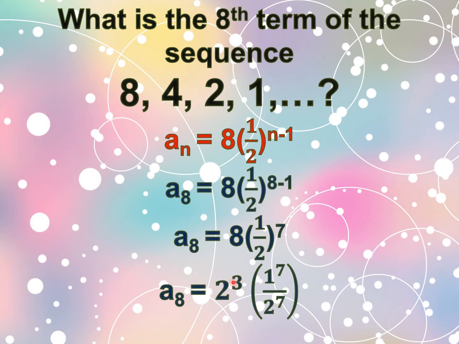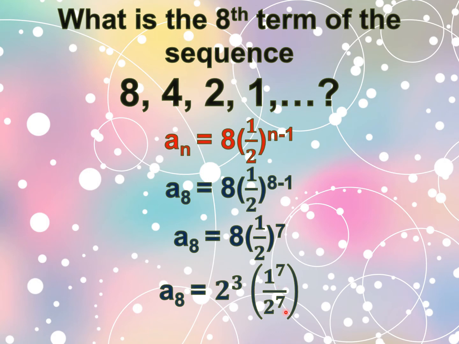Yung 2 raised to 3 ay nanggaling sa 8. Kapag ginawa nating exponential form ang 8, magiging 2 raised to 3 siya. Dahil kapag minultiply mo ang 2 ng 3 times by itself, ang magiging sagot ay 8. Kaya pagka kinonvert mo yung 8 sa exponential form, that is 2 raised to 3.